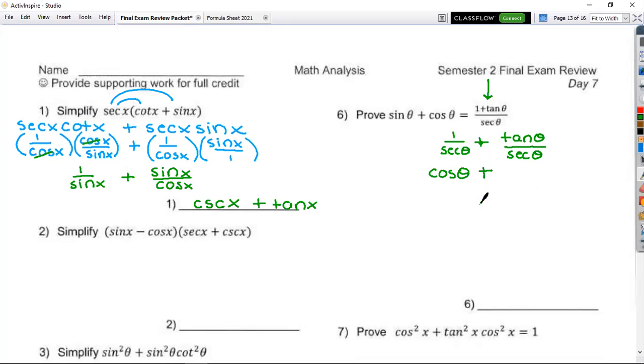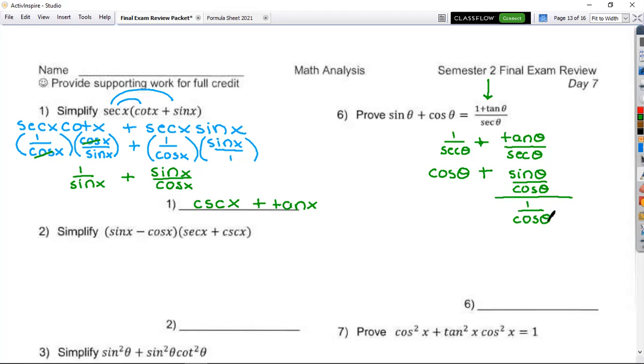You're looking to find a way to turn that second fraction into a sine of theta. So start subbing in. For tangent, I'm going to replace that with sine of theta over cosine of theta. And then for secant, I'm going to replace that as well. So secant is 1 divided by cos of theta.